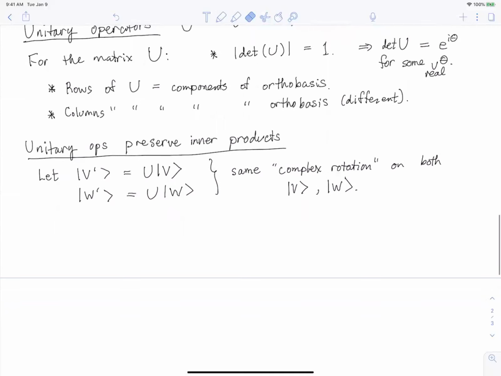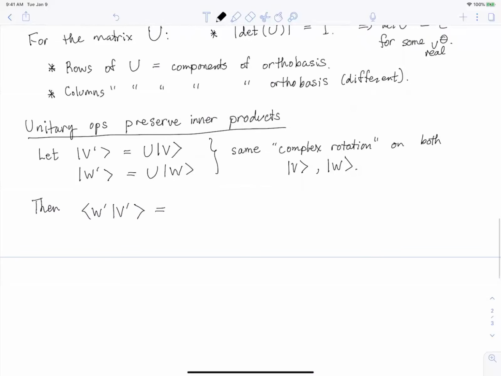Now let's look at the inner product of V prime and W prime. From the previous line, I can write down what this is. This is W U dagger, the reason it's U dagger is because I took the adjoint of the line above it, W prime equals UW, times U times V. And then from the definition that it's unitary, that's the identity matrix, so I can just eliminate it.